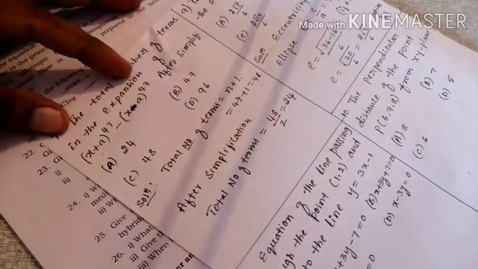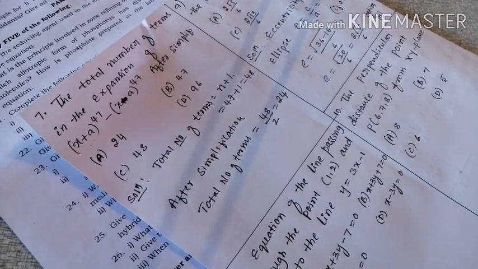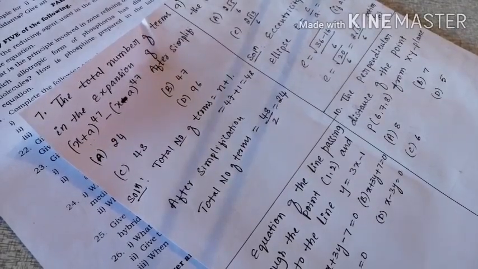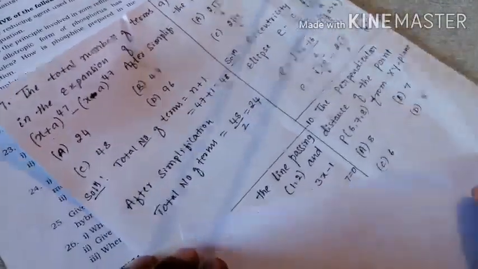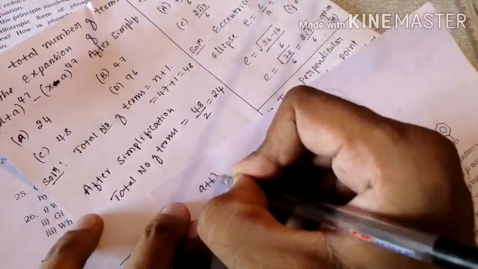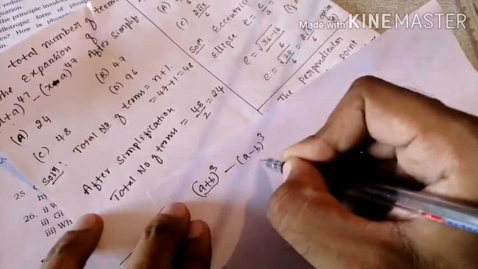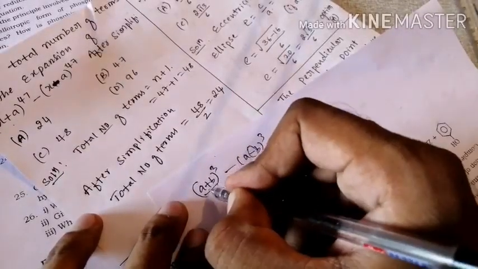For example, I am taking an example now. Suppose I take (a plus b) whole cube, keep it in mind, minus (a minus b) whole cube. Same expressions with the sign different.